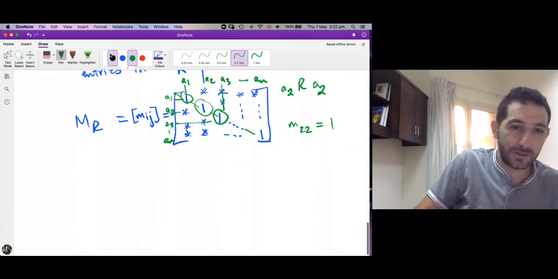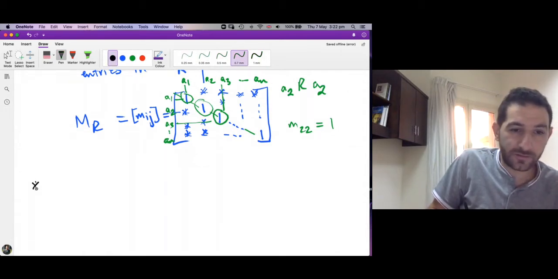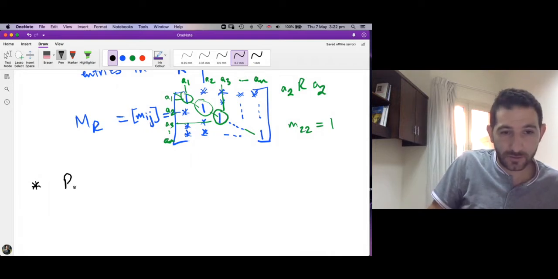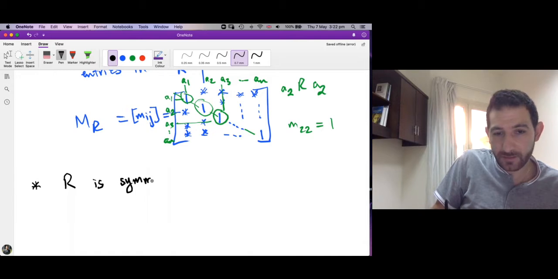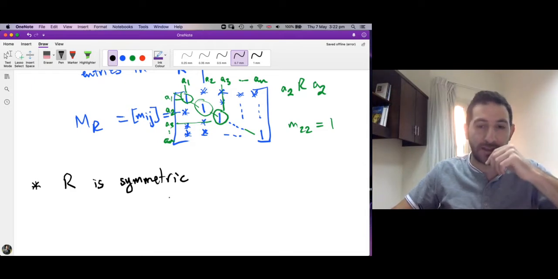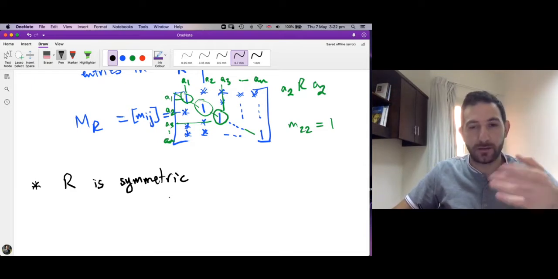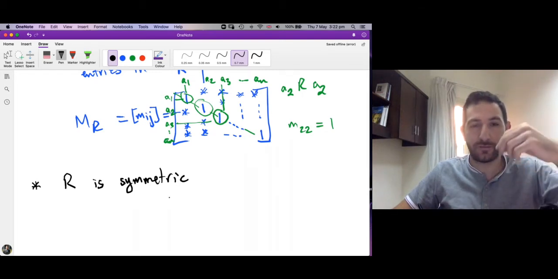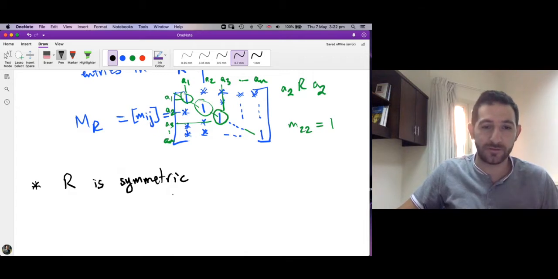Okay, now what is the form of the matrix when the relation is symmetric? So R is symmetric. Remember, what does symmetric mean? If one element is related to another element, which may be equal to it, then the second is also related to the first.